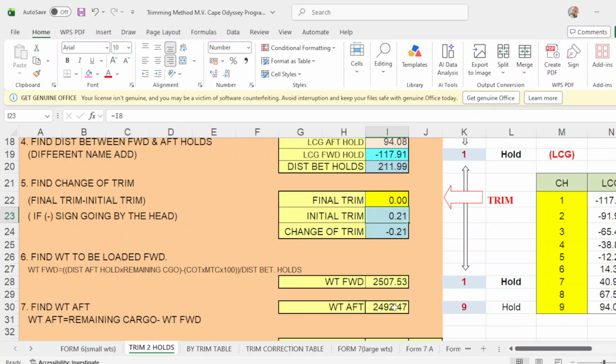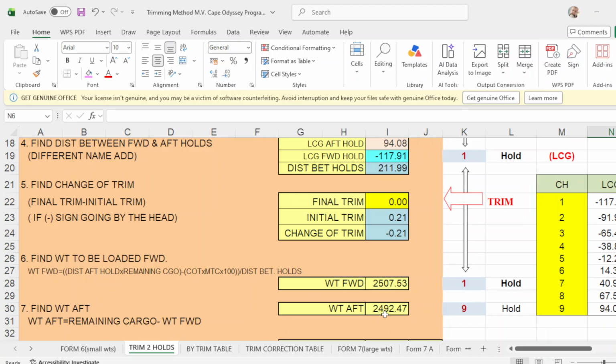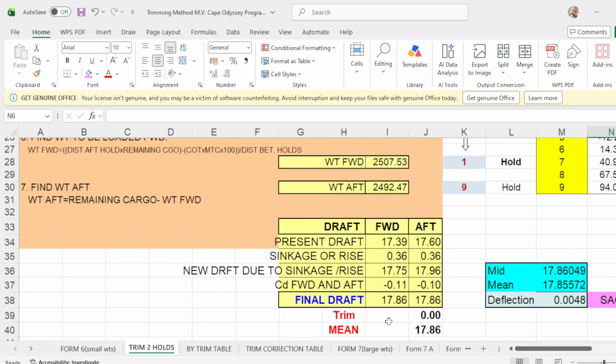Number 1, you load 2,508, and number 9 will be 2,492. Your departure draft forward is 17.86, aft draft is 17.86, your trim is 0, and your mean is 17.86. Even keel, your deflection is 0.